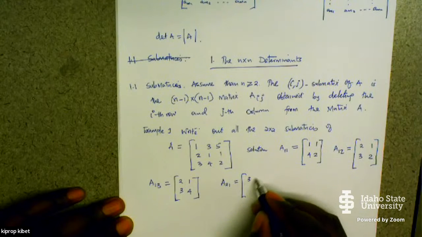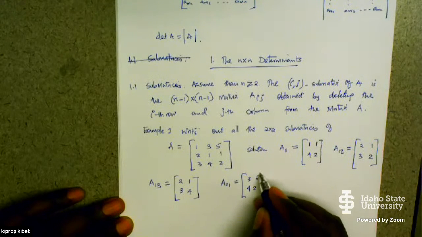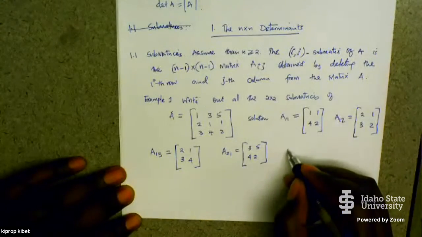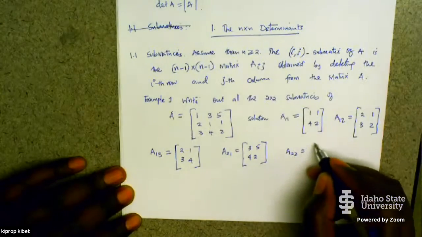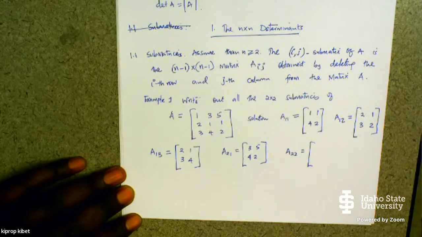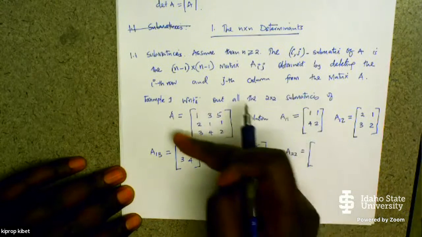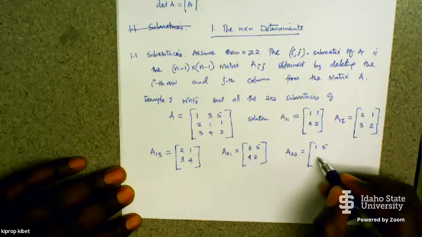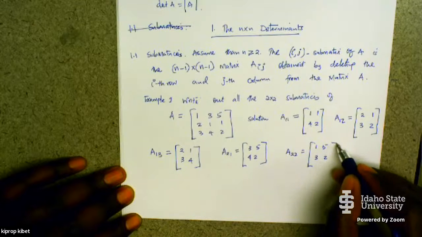Then we get 3, 5, 4, 2. A22, we delete the second row and the second column. Then we get 1, 5, 3, and 2.